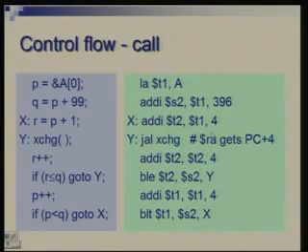So the effect of this is that $RA, the return address register, gets the value of PC plus 4. If PC pertains to this instruction, RA will now contain the address of the instruction which follows. This is the point where you have to return after completing the procedure. So this address would be ready in the RA register, and when you are done with the procedure, you can use that address and link back.